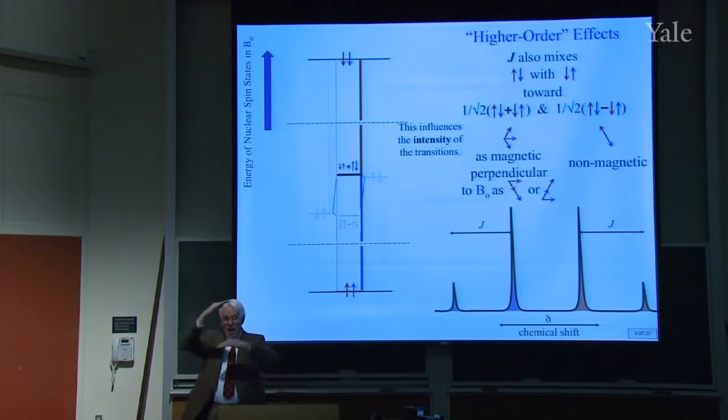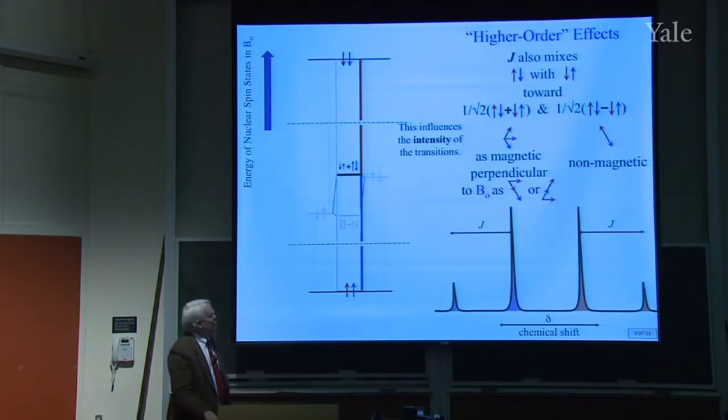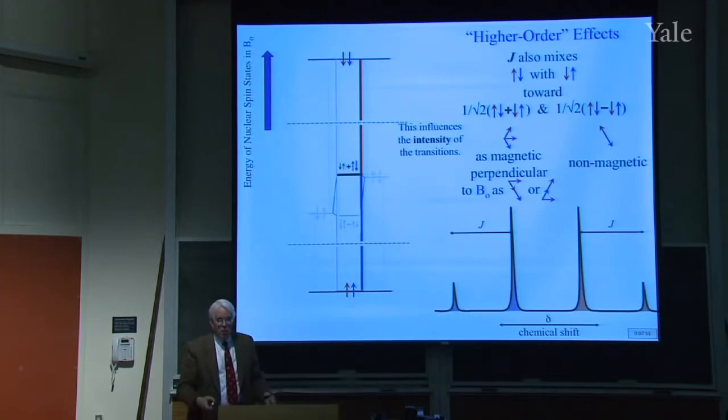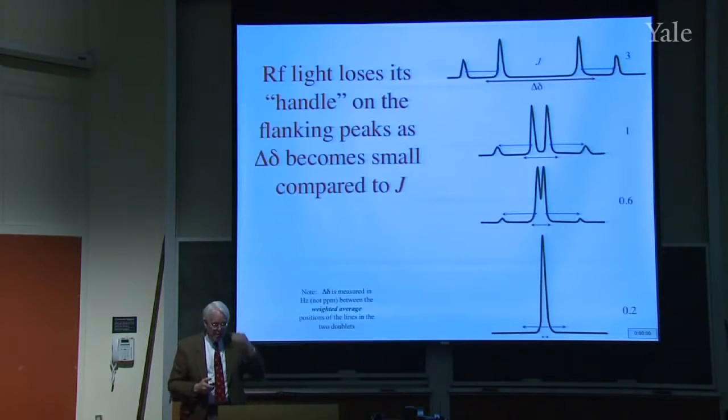They're mixed by J. So the bigger J is compared to delta, the more they'll mix, the more they'll be exactly like this, which is when they're completely mixed, and the stronger these will become and the weaker these will become. So as the delta gets smaller and smaller in terms of hertz, as you change the magnetic field, the outer peaks shrink and the inner peaks grow, right? So that's why methane has a single peak and you can't see it splitting, even though the coupling is still there, you just can't see it.